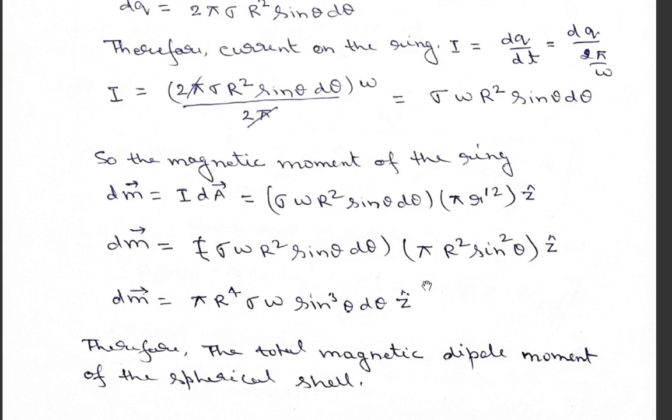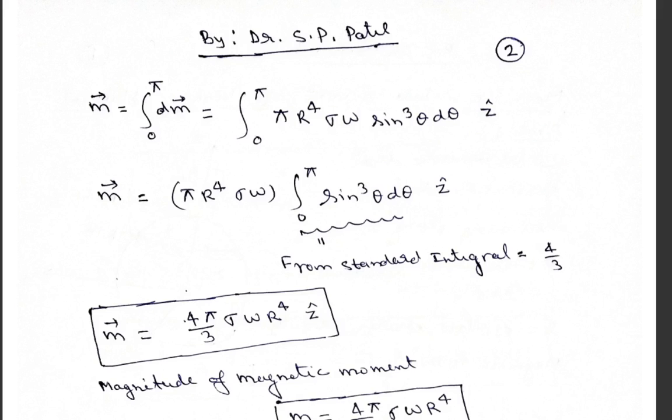Therefore we can find out the total magnetic dipole moment due to a rotating spherical shell. The total magnetic dipole moment will obviously be equal to the integral of dm. If you see, dm has only the variable θ, and we know that θ runs from 0 to π, so the limits are 0 to π.